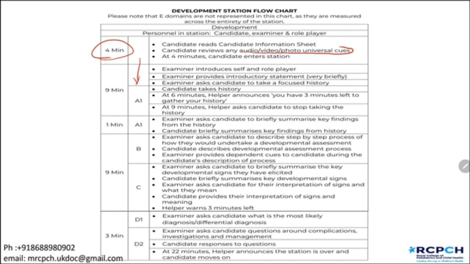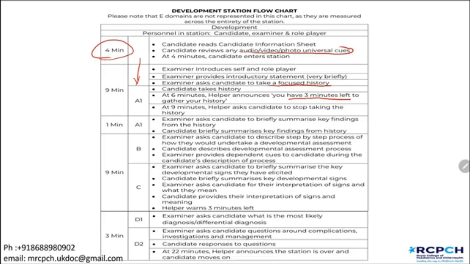Once the candidate enters the room, the examiner will introduce self and the role player. The examiner provides an introductory statement, and then asks the candidate to take a focused history from the role player. At 6 minutes, there will be a warning knock at the door that 3 minutes are left.